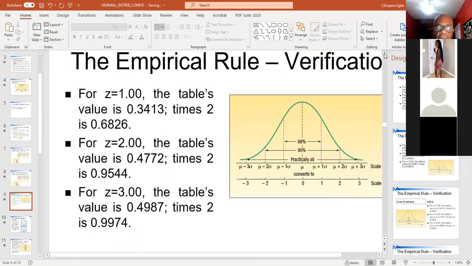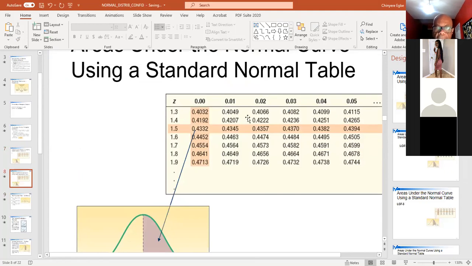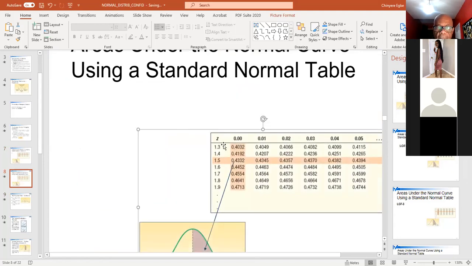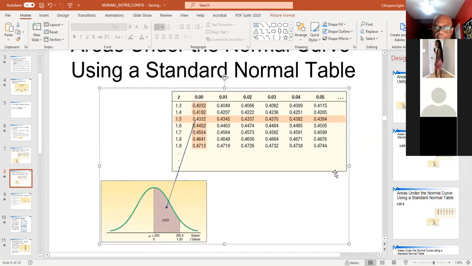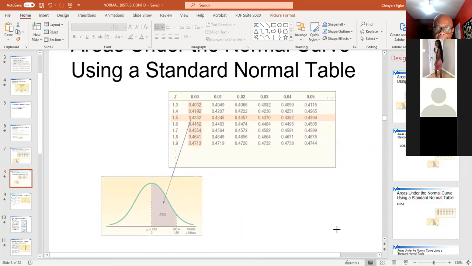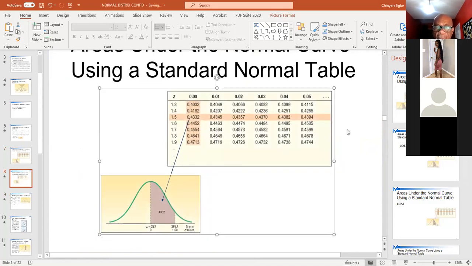There's a table of normal distributions that you have at the back of your book. If you look at that table, you will see, and I'm going to recast this problem.